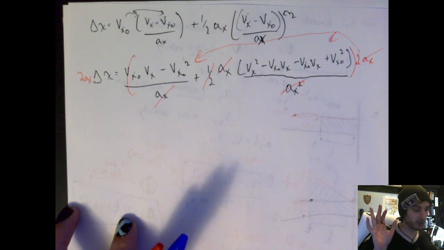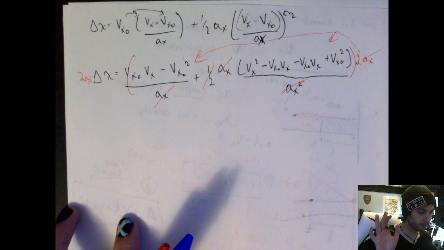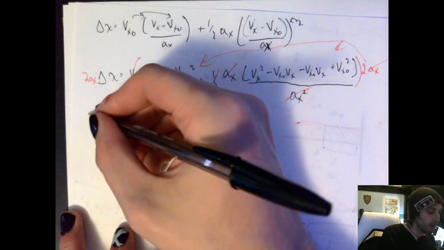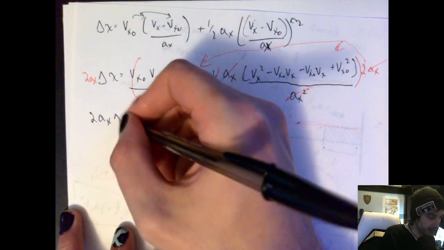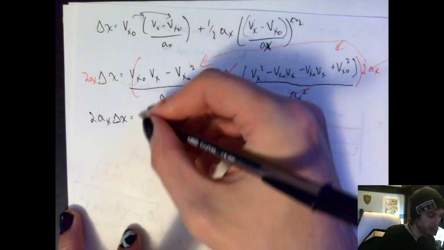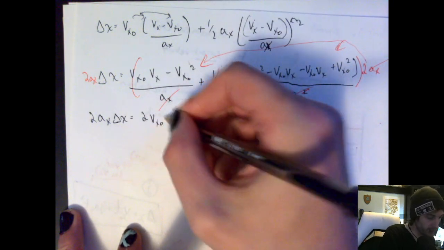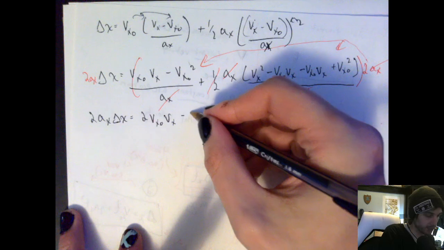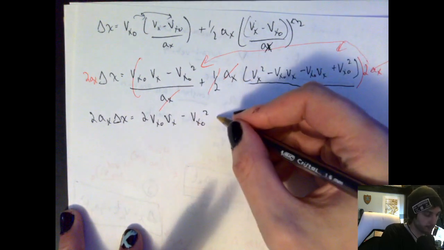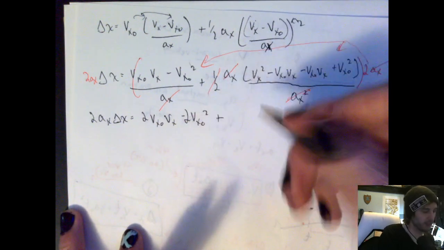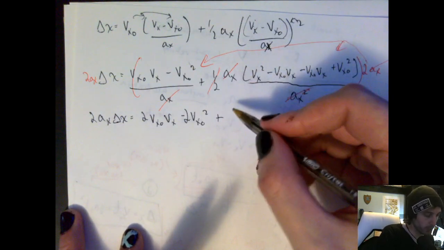So pausing for a sec to make sure you got all your stuff written down. Great. From there, we've got 2Ax delta x is equal to 2 Vx naught times Vx minus Vx naught squared times 2. Have to remember to distribute, almost didn't.